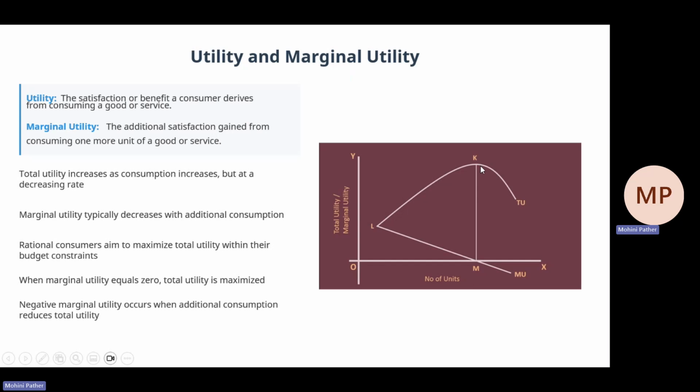What that simply means is that when you are deriving no additional satisfaction from eating an additional unit of this product, your total utility is now maximized. From here, we will have only negative consequences. Negative marginal utility occurs with additional consumption.